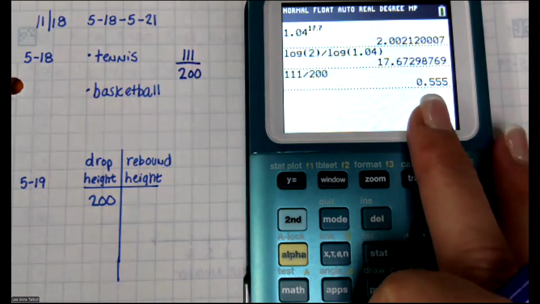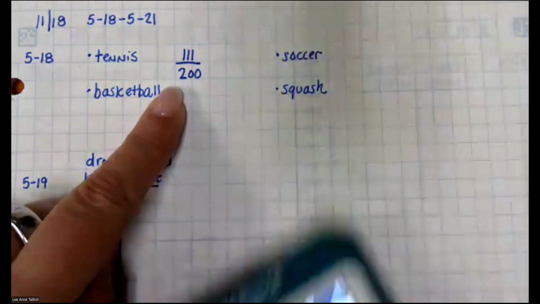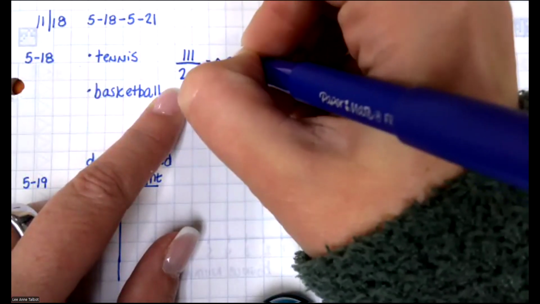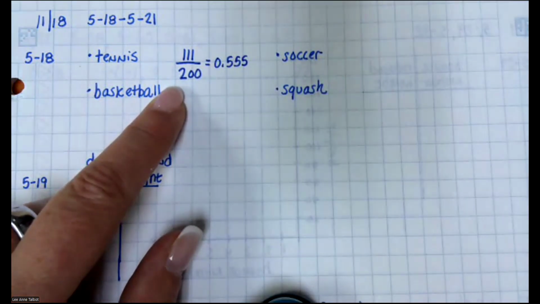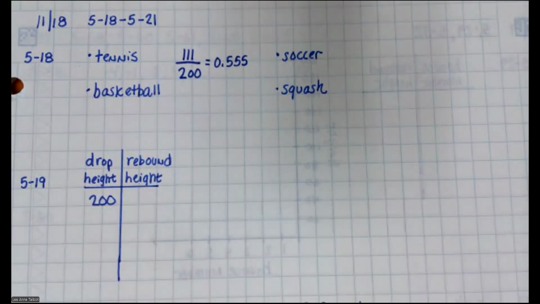And so that means that their ratio that they bounce back up is 0.555. This means that it comes up a little bit more than halfway from when it's dropped. That's for tennis. Which one do you guys think is the bounciest of the four up there?